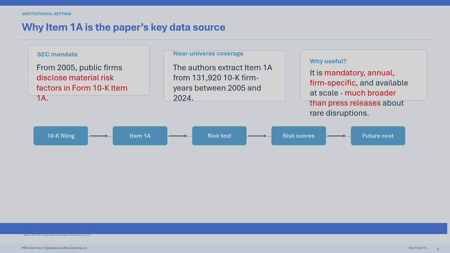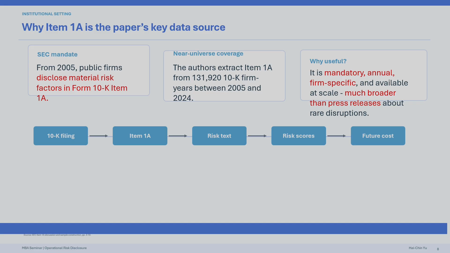So SEC data provide the 10-K, and we can get Item 1A. We can also extract Item 1A from a large sample over a long period. This is a very large sample, so it's very general, much broader than press releases, which are very small samples. So this can be applied to the universe of data.